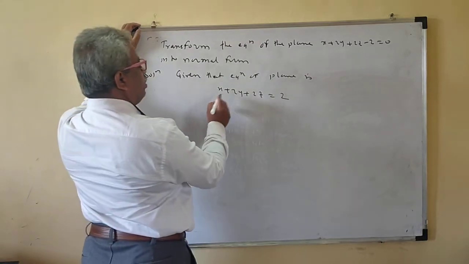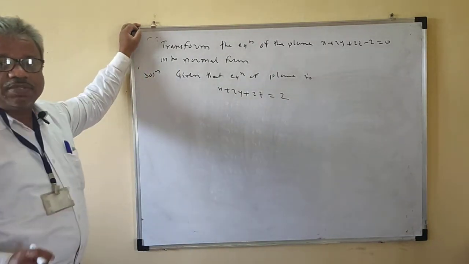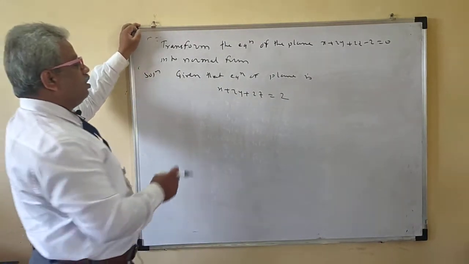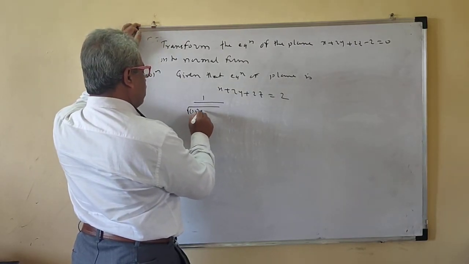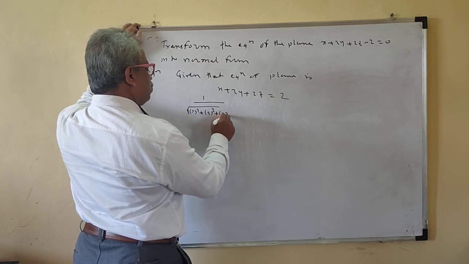Okay, so now I'll divide each term by the root of the sum of the squares of the coefficients of x, y, z. So this is what? 1 upon root of 1 square plus 2 square plus 2 square.